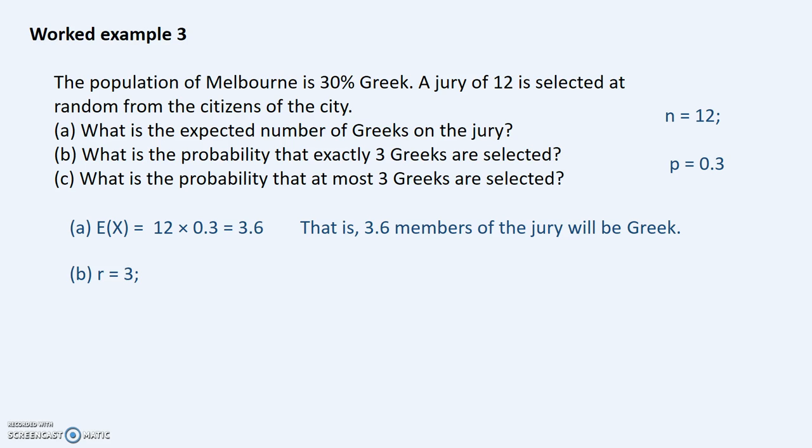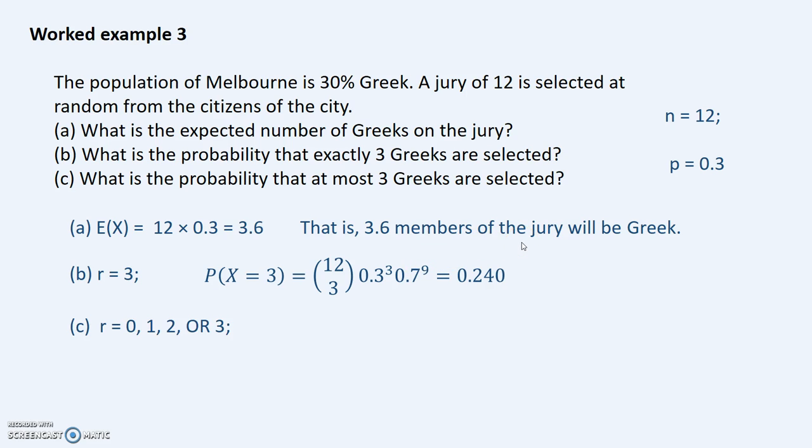So exactly 3, we have R equals 3. Just put it in our formula. So 12 combination 3, 0.3 to the 3, 0.7 to the 9. Once again, it's the number of ways you can get 3 out of 12, the probability that they are Greek to the power of 3, because there's 3 of them, and the probability that they're not Greek to the power of 9, because there's 9 not Greeks.